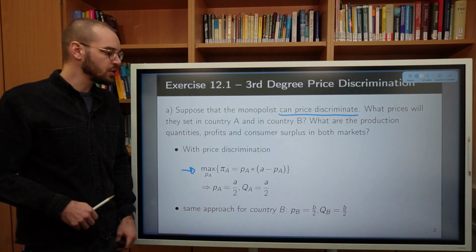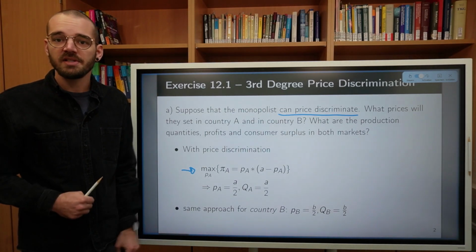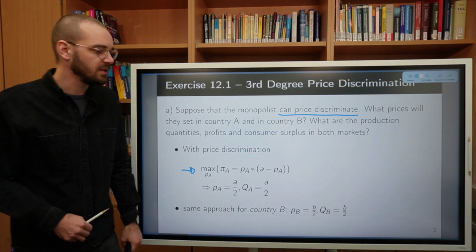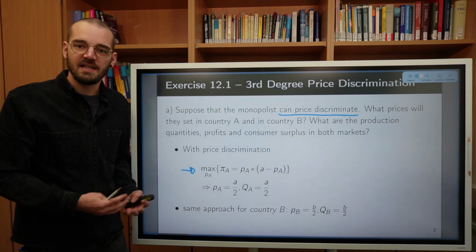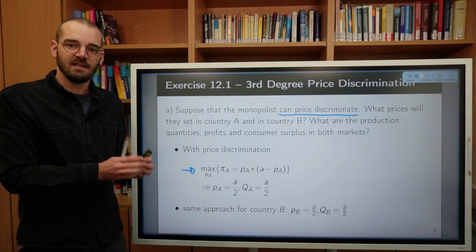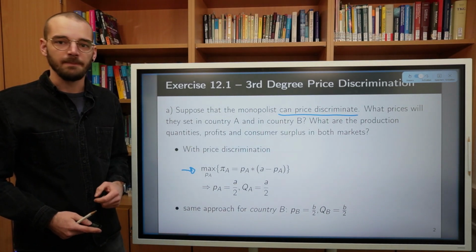So we simply substituted this because there is no cost in production. We don't have to consider cost in production in this profit function. And with that, we have this very simple profit function for market A. And of course, the exact same logic applies when we state the profit function for market B.